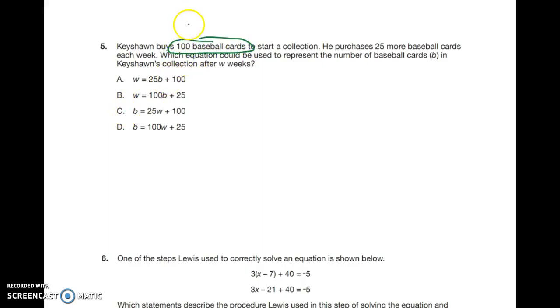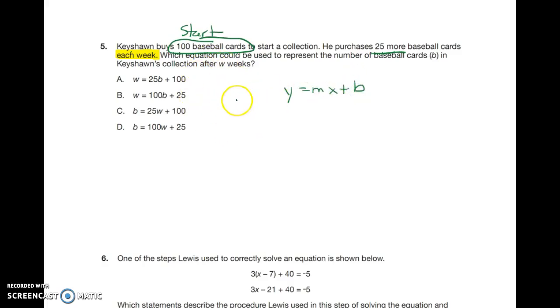We also have a rate, because it says 25 more baseball cards each week. Each week tells us that it's a rate. Since we have a rate and we have a starting point, we've got slope-intercept form. So that's definitely y equals mx plus b.